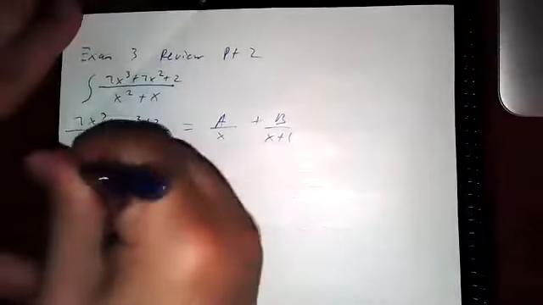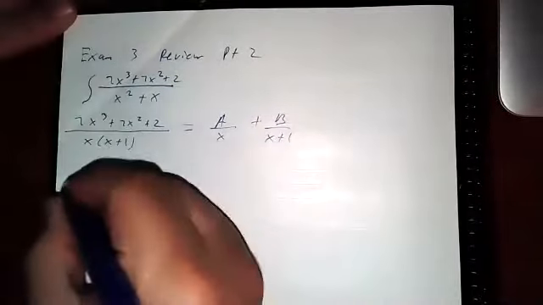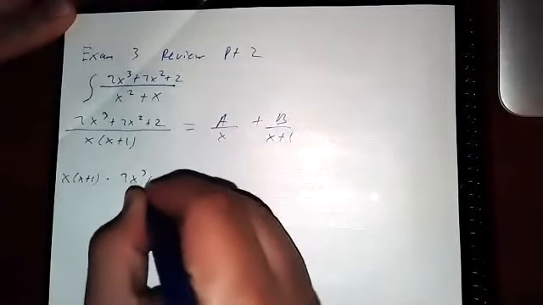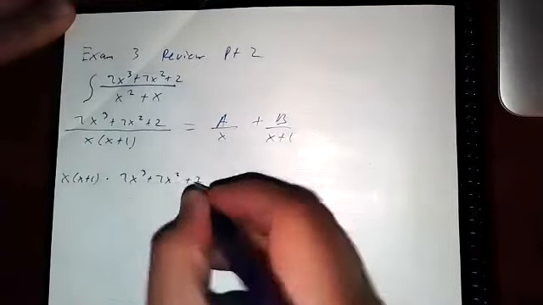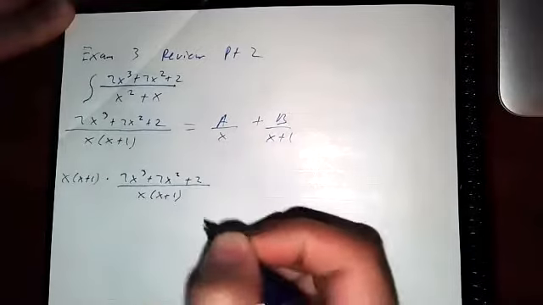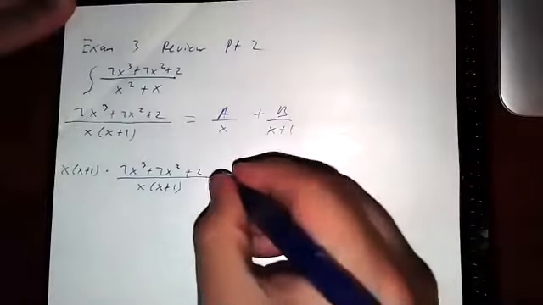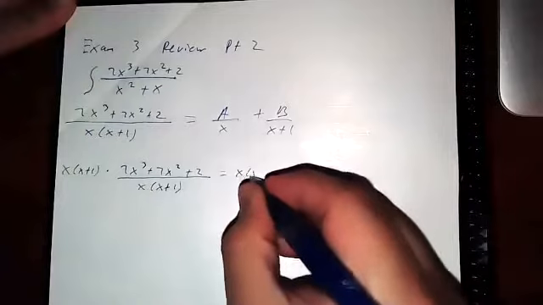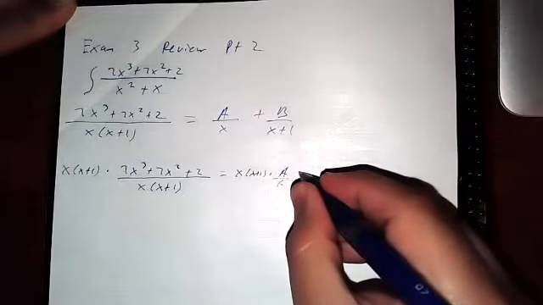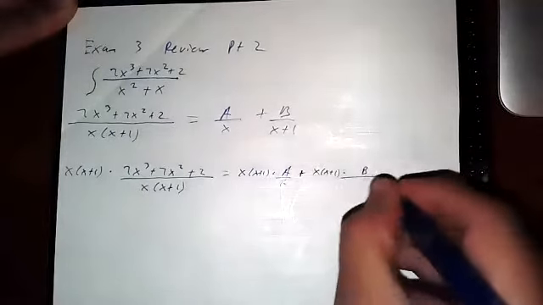So we'll have x times x plus 1 times 7x cubed plus 7x squared plus 2 equal to x times x plus 1 times a over x plus x times x plus 1 times b over x plus 1.